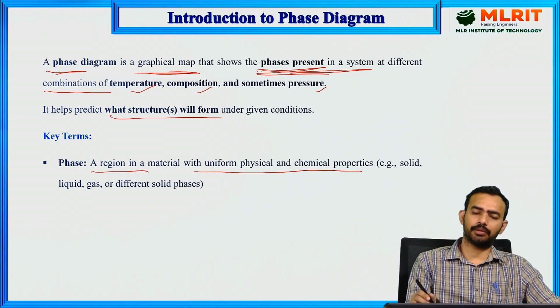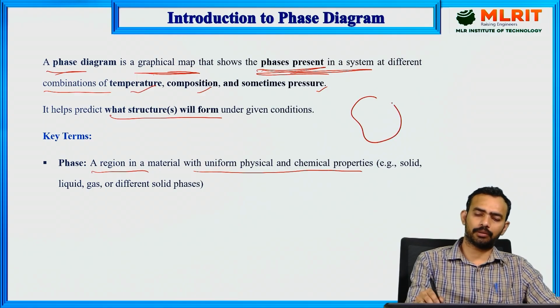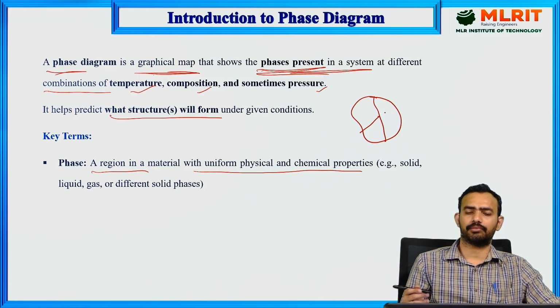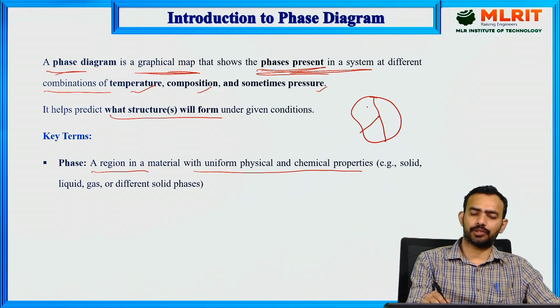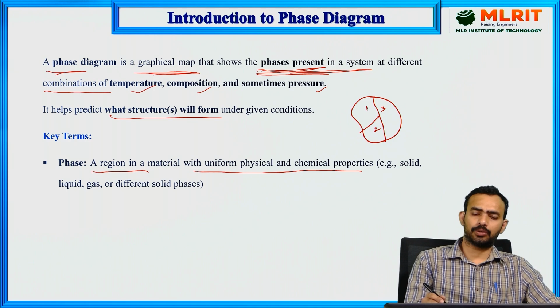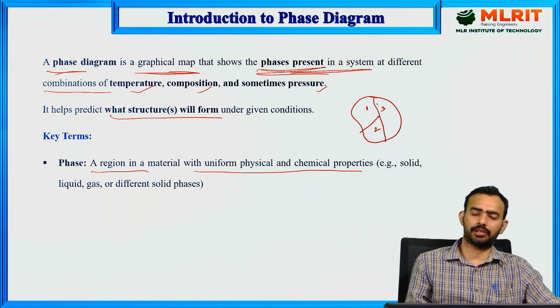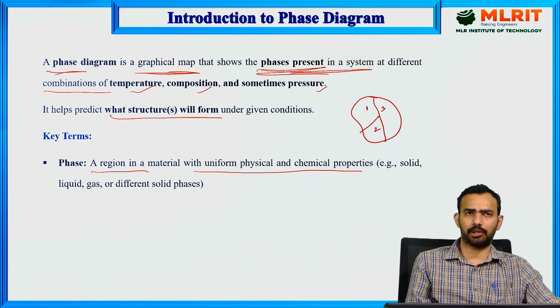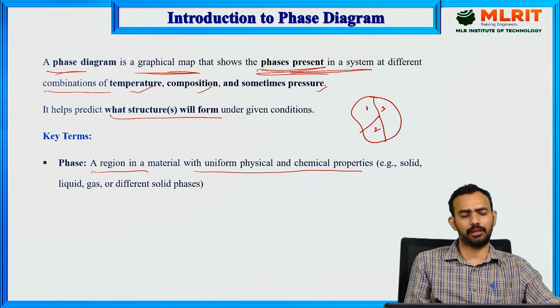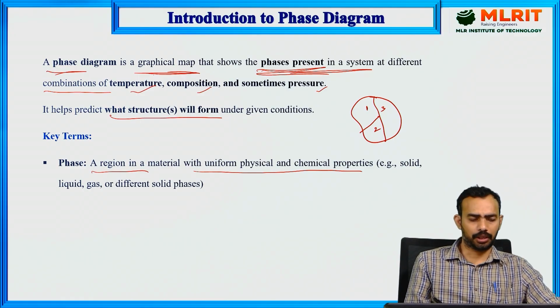So let us say you have a multi-phase or single phase material. A single phase has atoms of one kind, and it is sometimes considered to be a grain as well, with the same atoms and similar physical and chemical properties. A phase is particularly a region in the material where uniform physical and chemical properties can be identified.